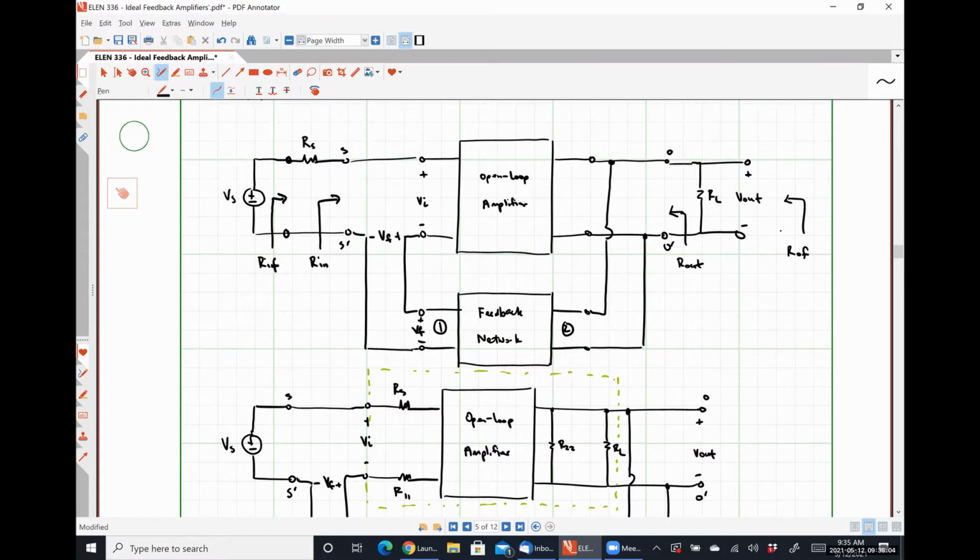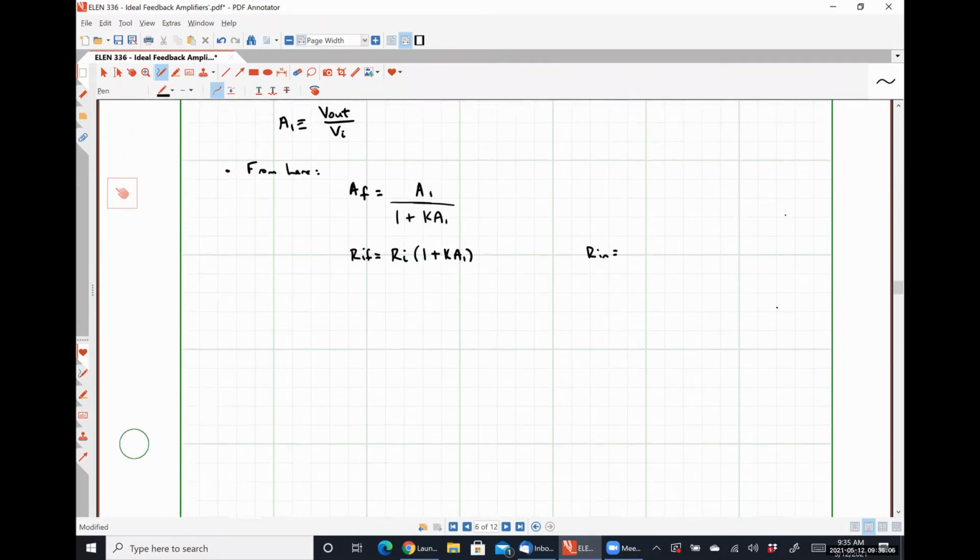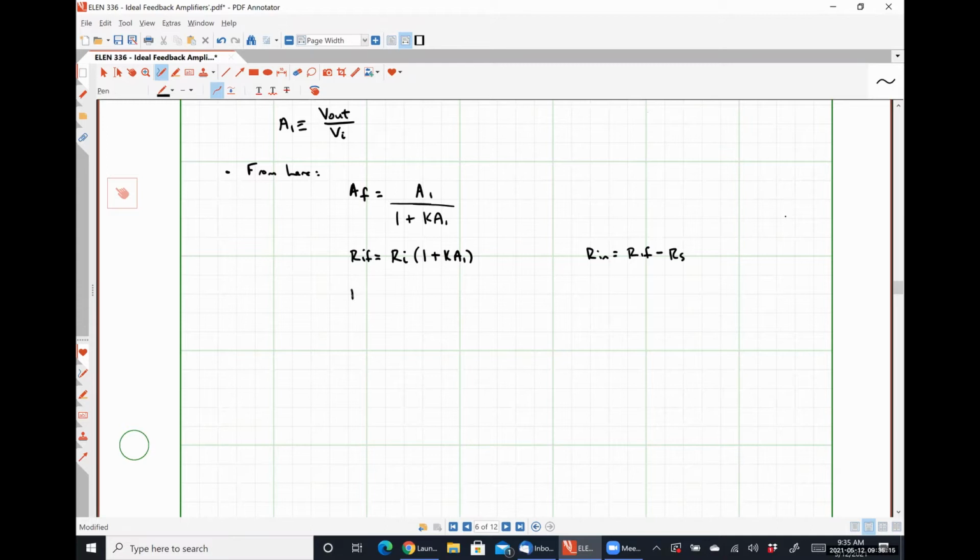That's all we're doing. So we'll have RIF minus RS. Then our output resistance with feedback ROF is our open loop output resistance divided by our amount of feedback.